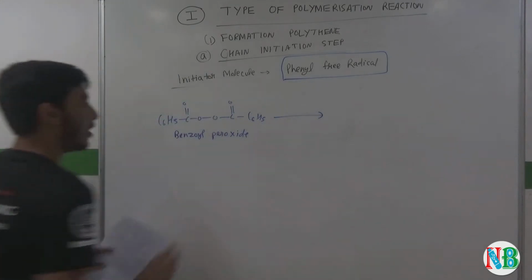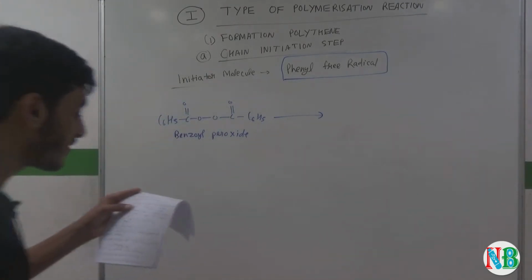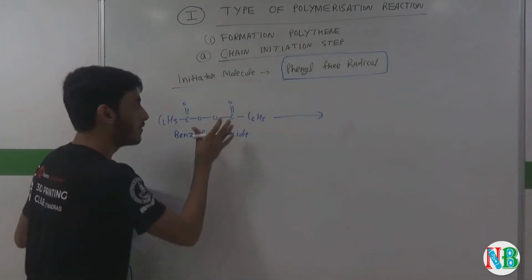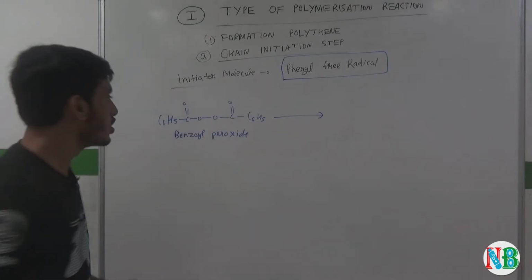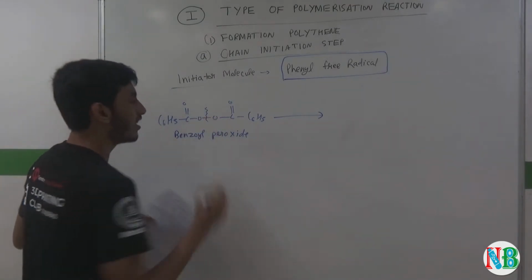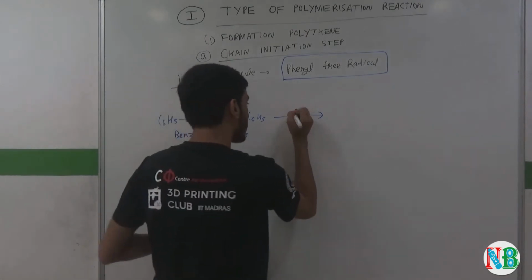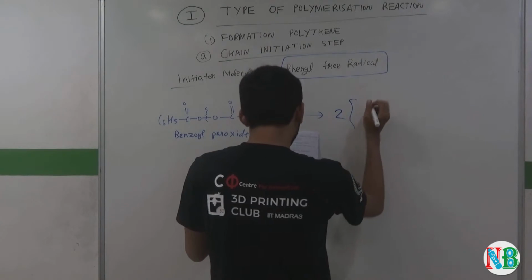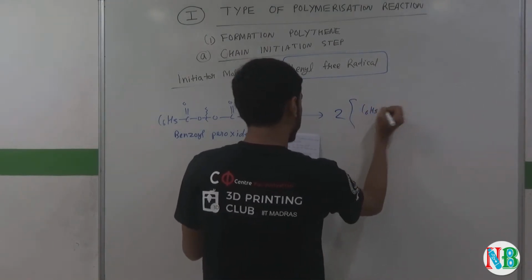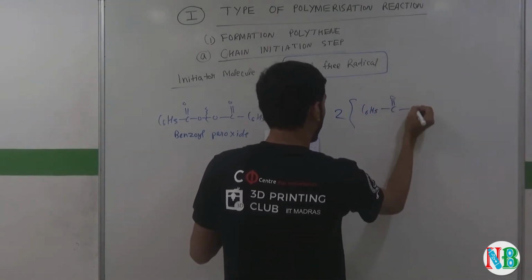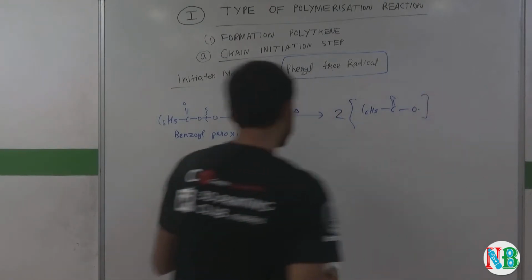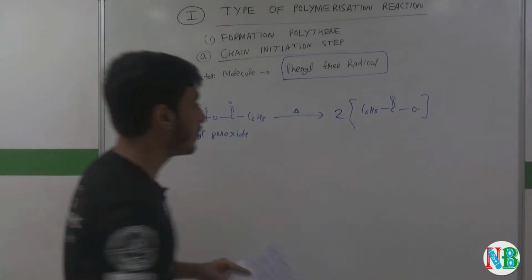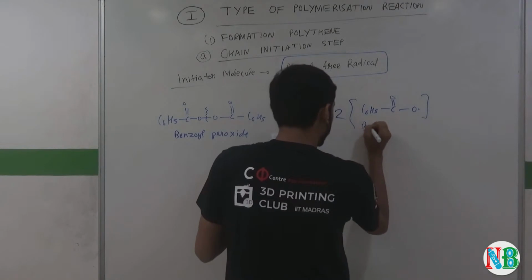Then in this compound, what you have to do is this compound breaks into 2 halves. So you have to break this bond, you have to heat it. So what happens, it forms 2 molecules of C6H5COOO dot. Now this compound is a benzoyl free radical.